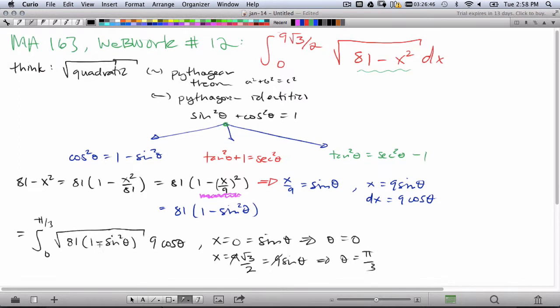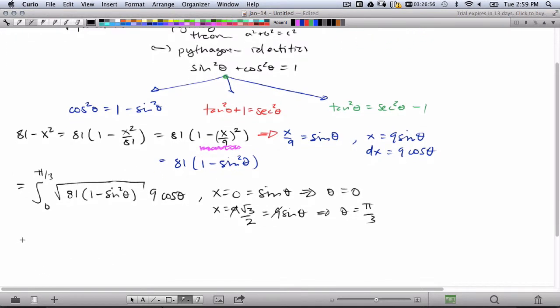Now, the reason we did all of this is because this expression now equals cosine squared. And so we have the square root of 81 times cosine squared theta, times 9 cosine theta d theta, and I should have had that d theta there.